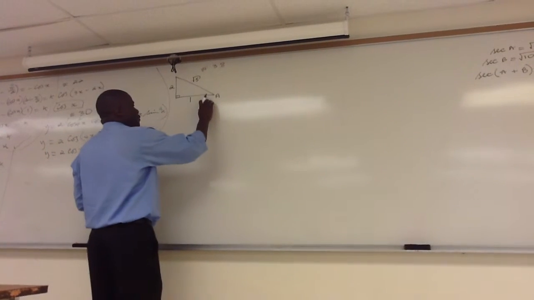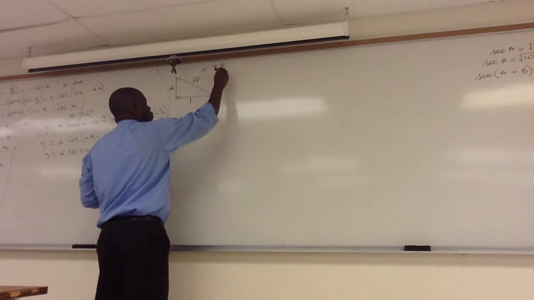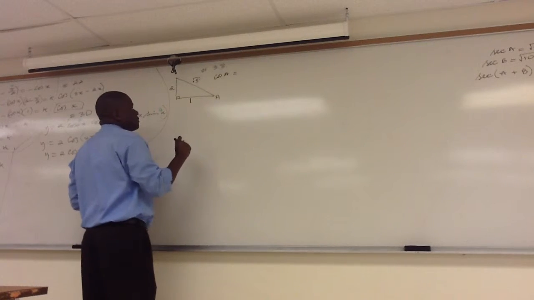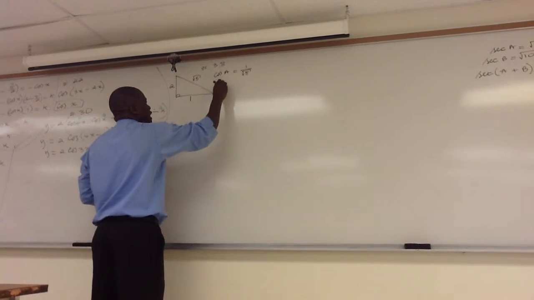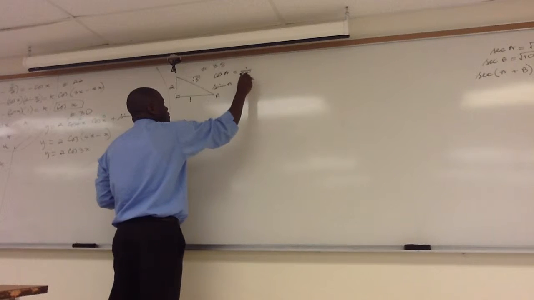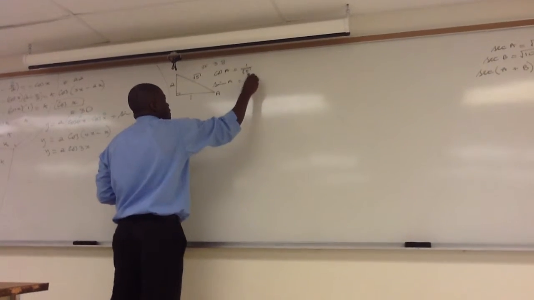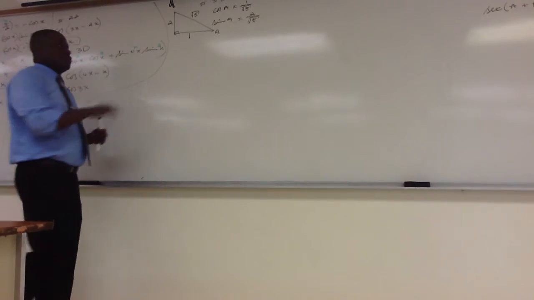Now let's pull out everything that we do know from this one here, because we need the sine and the cosine of A. So what is cosine of A? 1 over square root of 5. What is the sine of A? 2 over square root of 5. Opposite over hypotenuse. It's all chapter 1, okay?